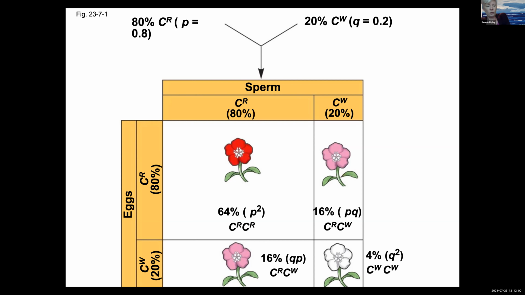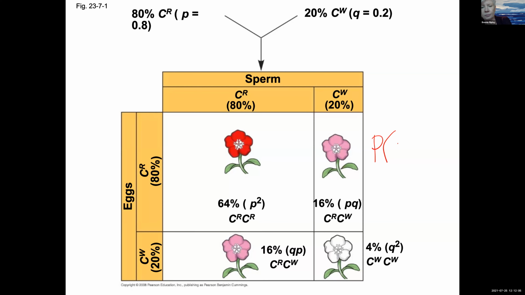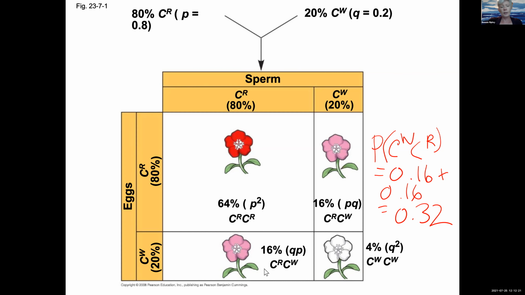So the probability of getting a heterozygote, CWCR, is going to be 0.16 plus 0.16. All right. Now the sum of our three different genotypes should add up to 1. So 0.64 plus 0.32 plus 0.04 should add up to 1.0.